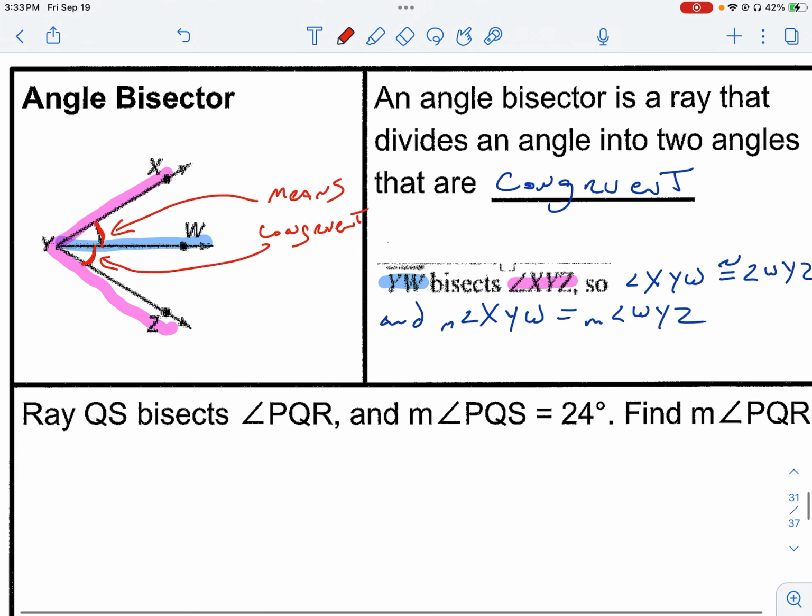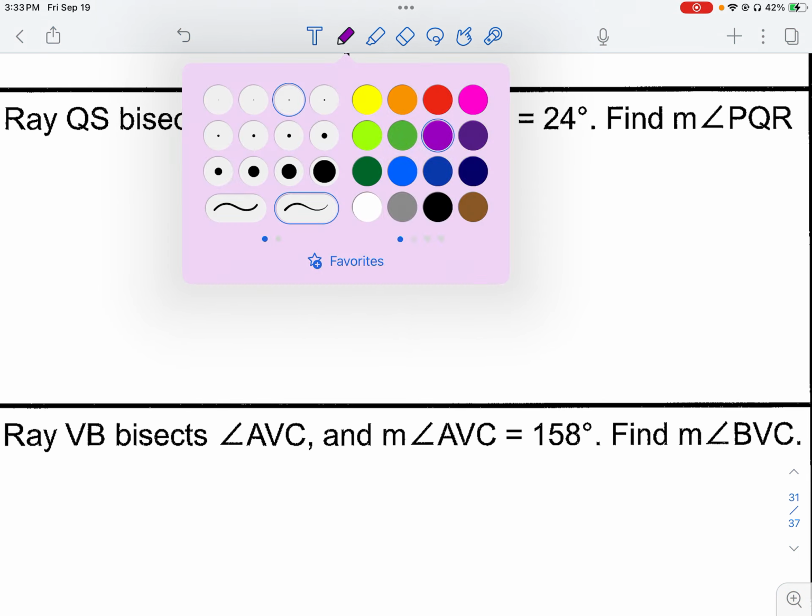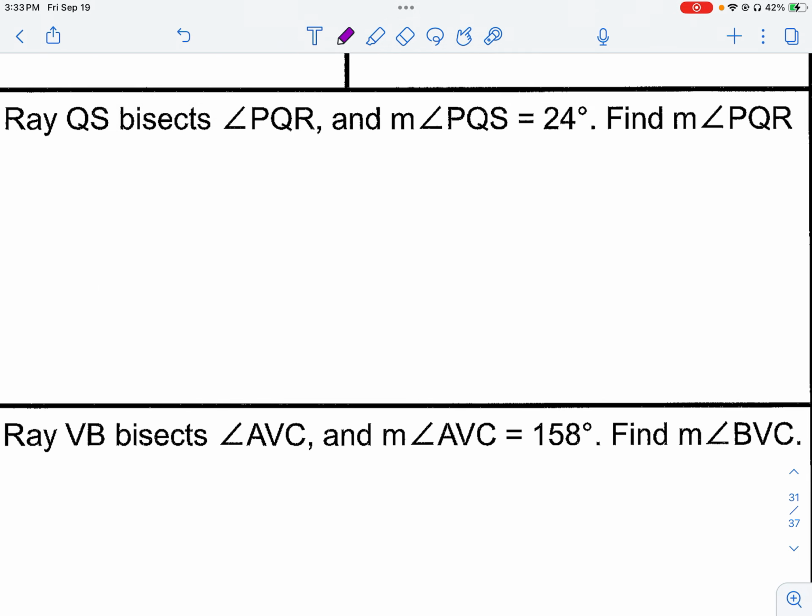So let's look at a couple examples and how we would apply this in the work that we're doing. So ray QS bisects angle PQR. Let's stop there. Let's get this going and find out what we're dealing with.